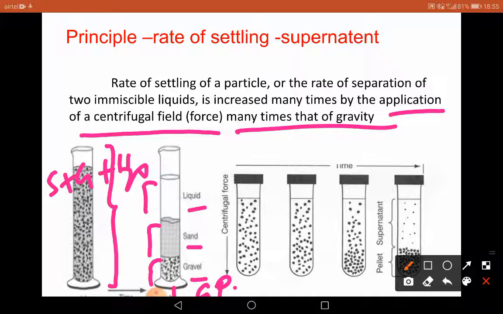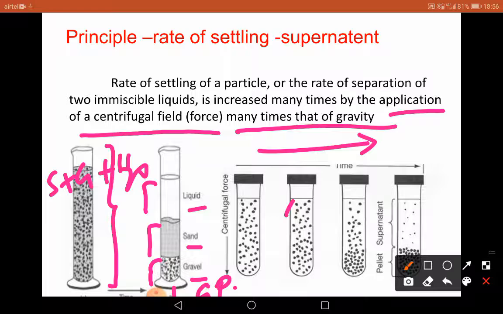Still we can get a separate fraction of chloroplast, or of mitochondria, or of ribosomes. By applying the centrifugal force and by varying the speed, we can sediment different fractions of cell organelles.